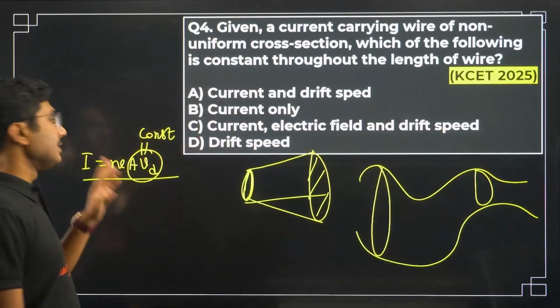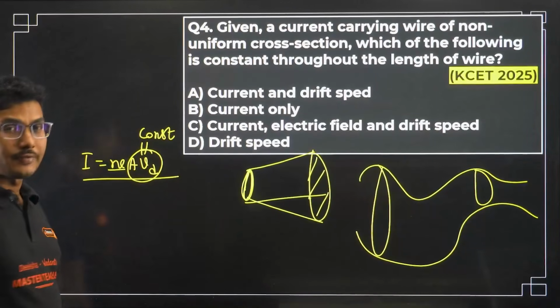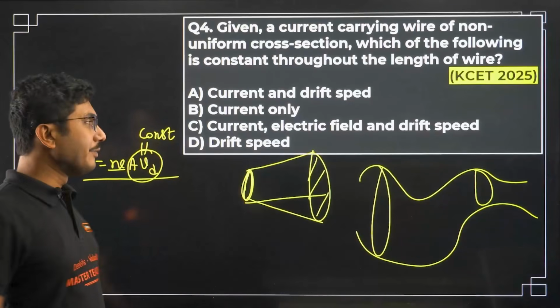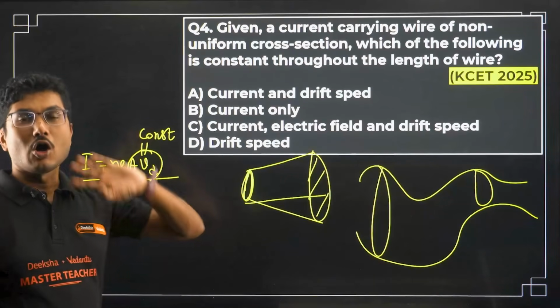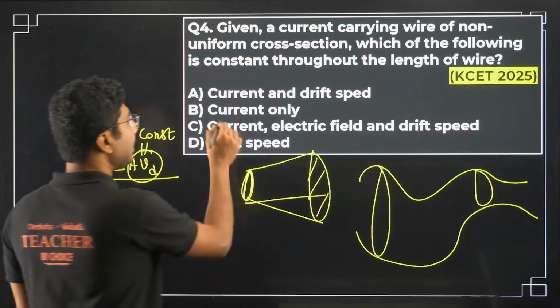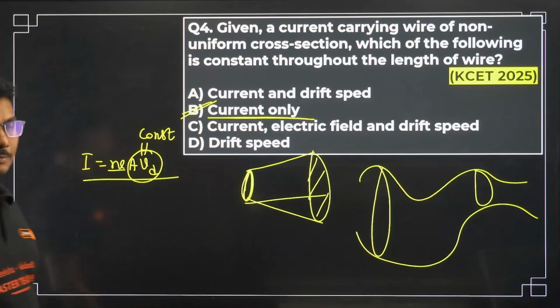From that fact, number density is constant, charge of an electron is constant, so current will be constant. Drift velocity depends on the cross section, so drift velocity will change, only current will remain constant.